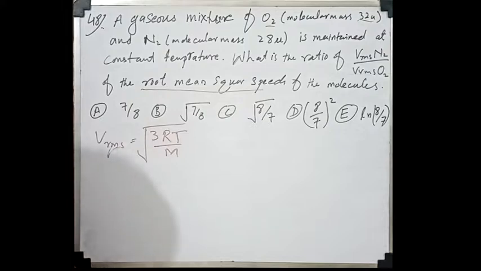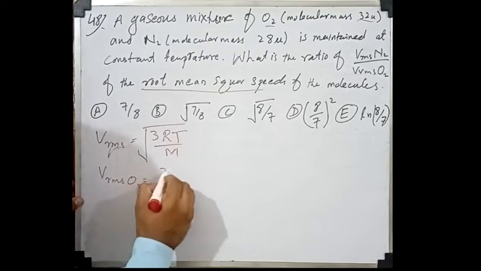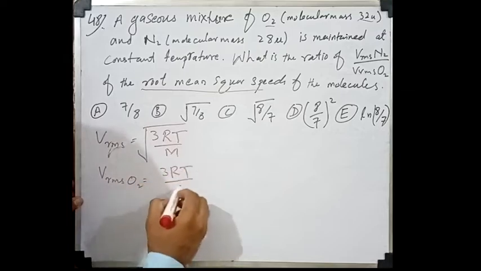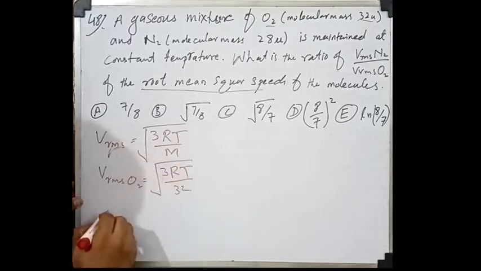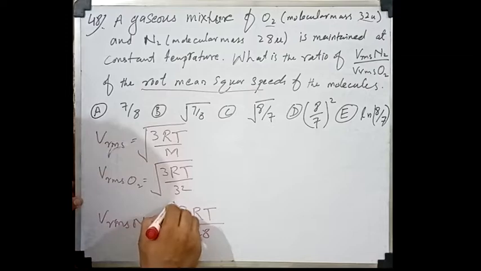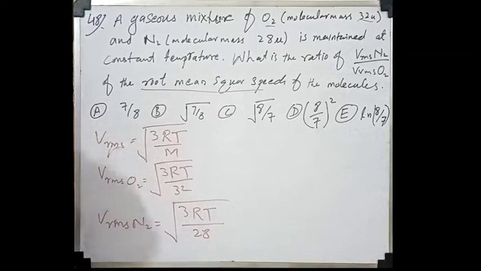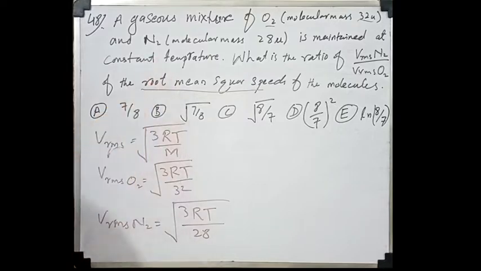So Vrms for oxygen O2 will be square root of 3RT over 32, and Vrms of N2 will be square root of 3RT over 28, because 3, R and T are constant. R is the gas constant and T is the temperature, which is given as constant in this case. So we have to find Vrms of N2 over Vrms of O2.